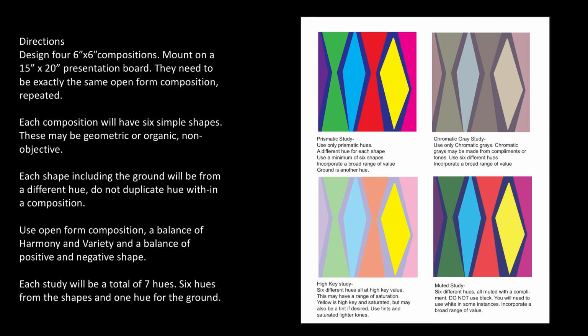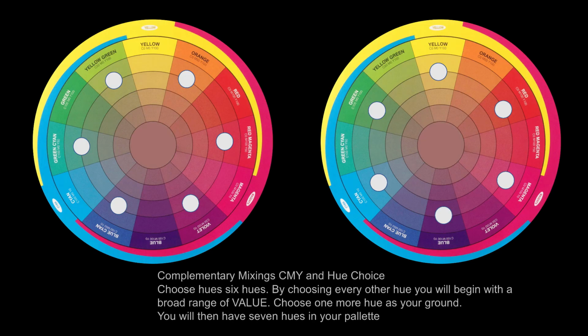This is a PDF that you can download from the assignments page if you go to the color studies. And again, it just describes the way that I created these four different saturation compositions.